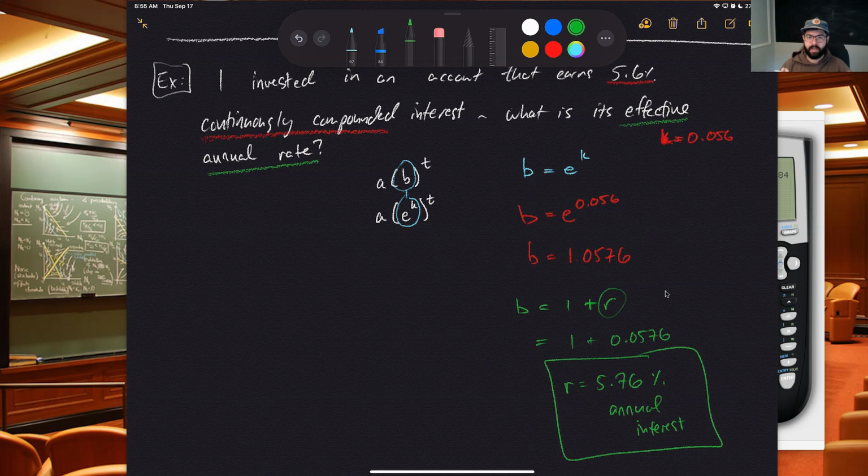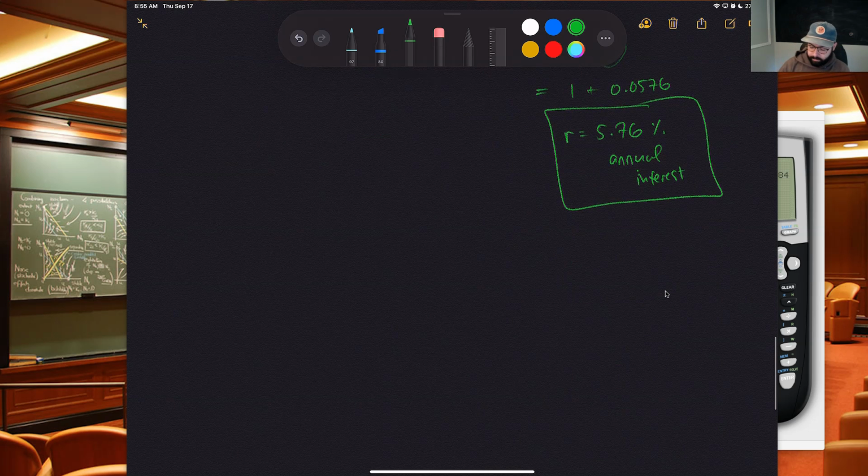Now, to go the other way around, if you're going to try to find the continuous rate given the annual rate, you actually can't do this using algebra or anything like we've done here. It's not that simple. You'd need to use logarithms, which is our next unit, the inverse to exponents. It's that same issue of solving for the input, right?